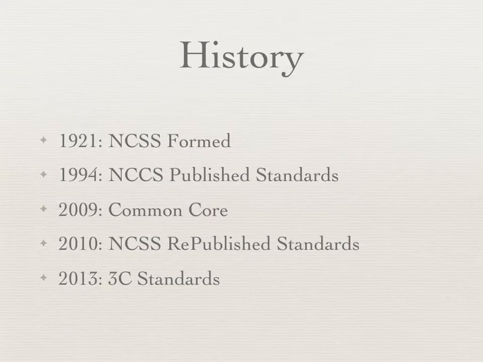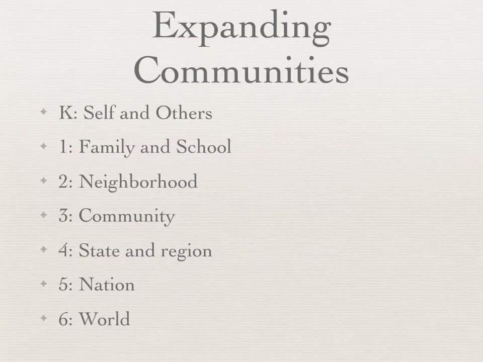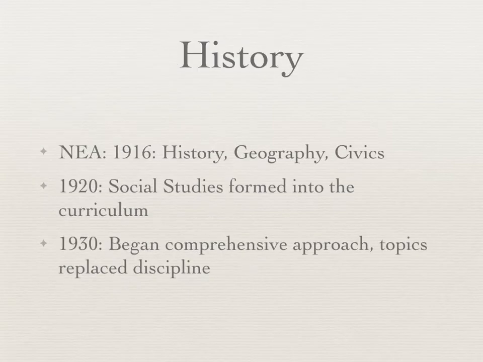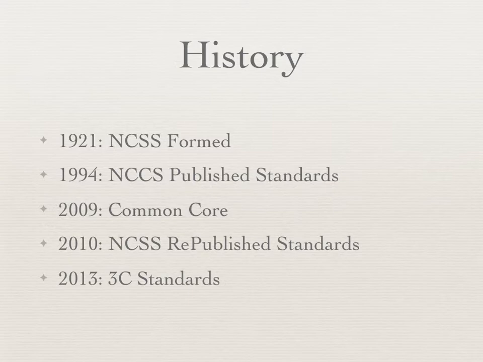Okay, now we can talk about the National Council for the Social Studies. This council was formed in 1921, and if we hop back, you can see that in 1916, we have this idea of teaching history, geography, and civics, and then in 1920, social studies is actually formed into the curriculum, and the natural response for that was in 1921 that NCSS is formed.